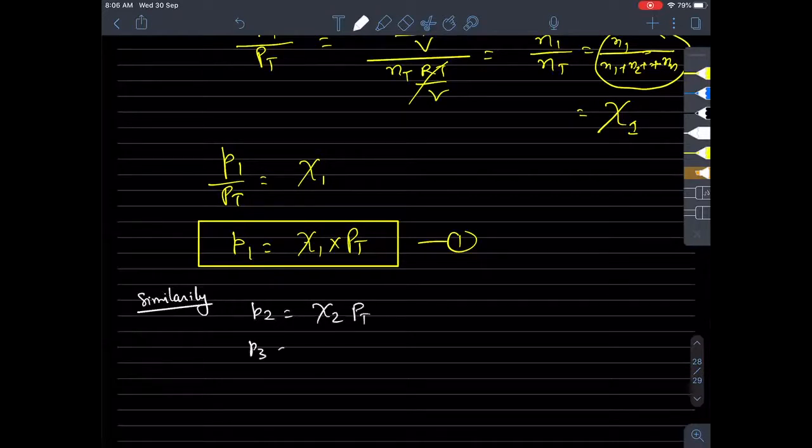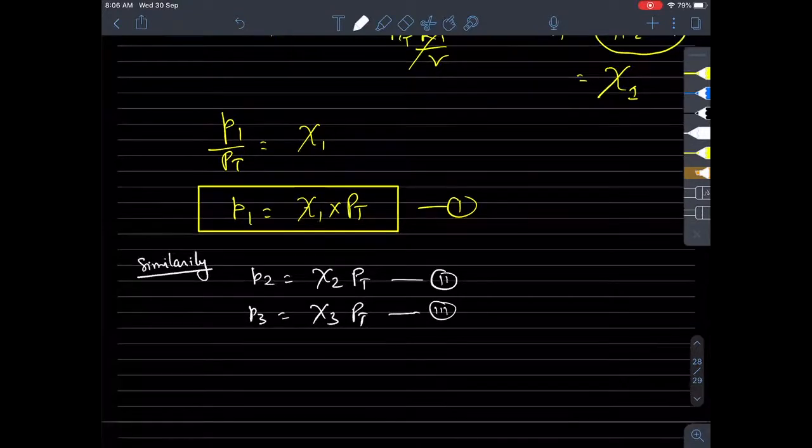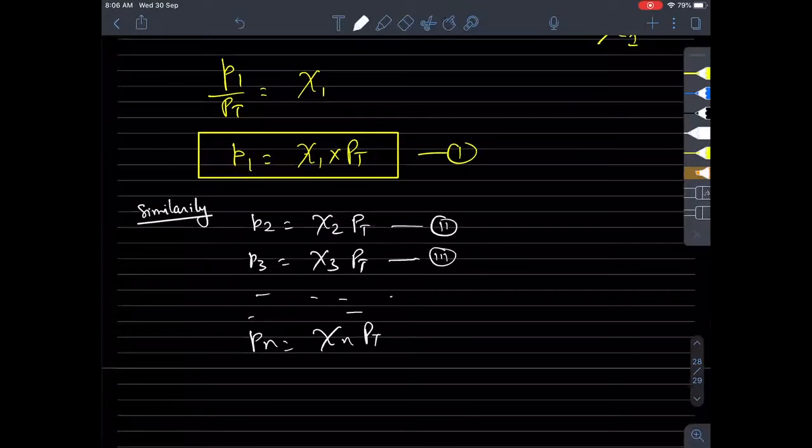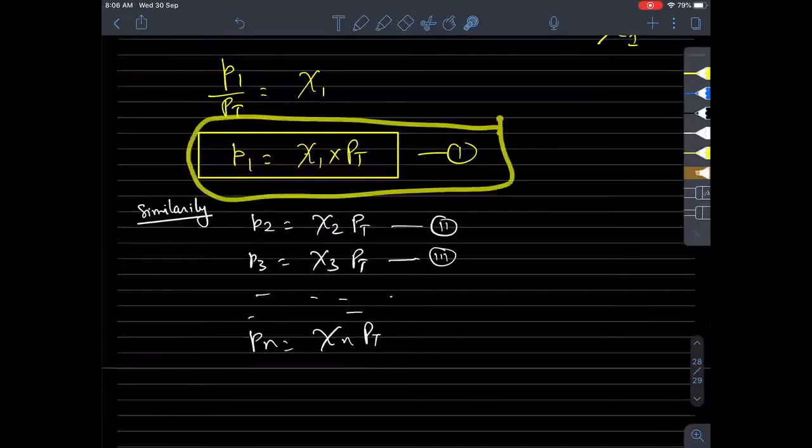P3 is equal to x3 into Pt. Yes or no? And it will keep on going like this. Pn will be xn into total pressure. Right? So this is how you can look at this gas combination which are non-reacting.